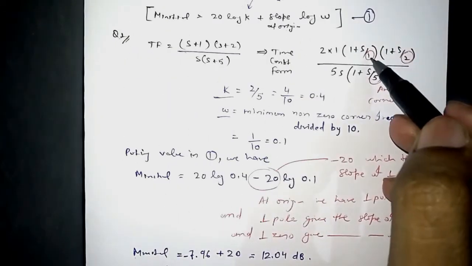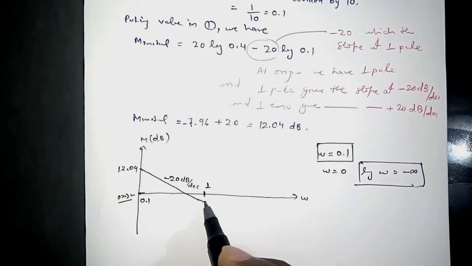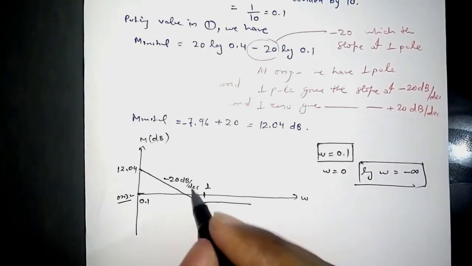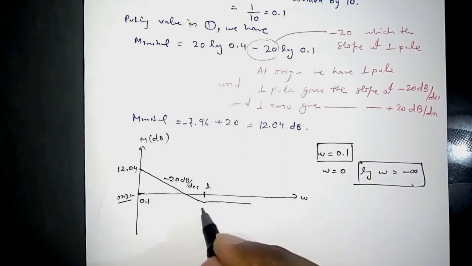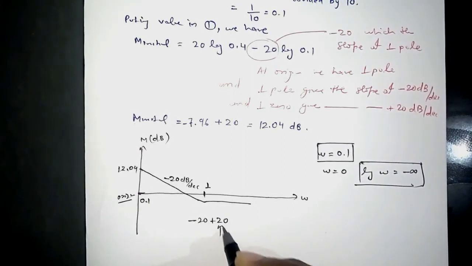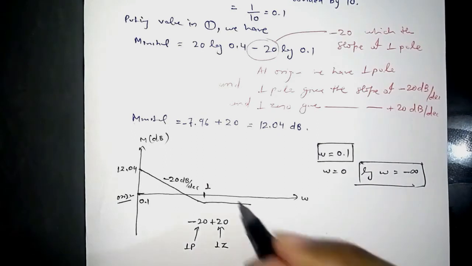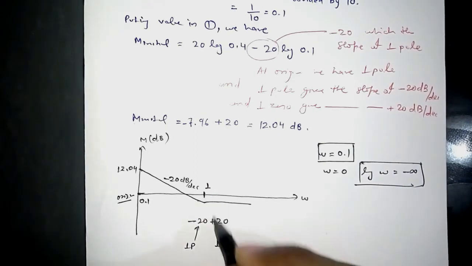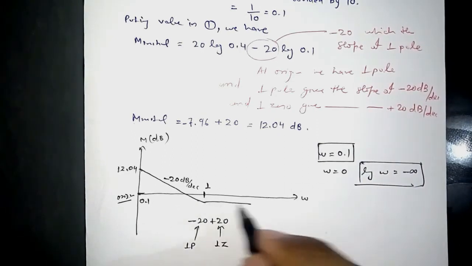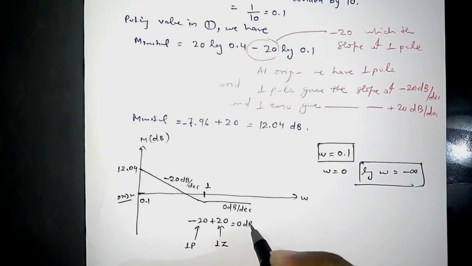At 1 we have one zero, so we add minus 20 plus 20 dB, because the minus 20 was because of one pole. So the slope will be 0 dB per decade.